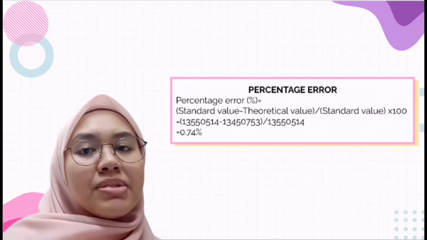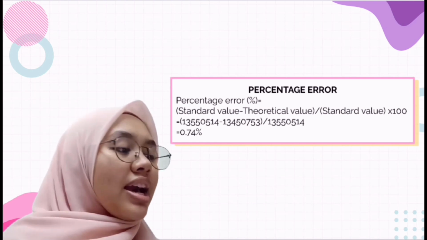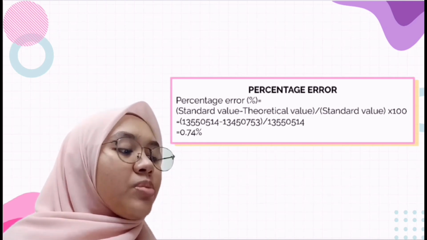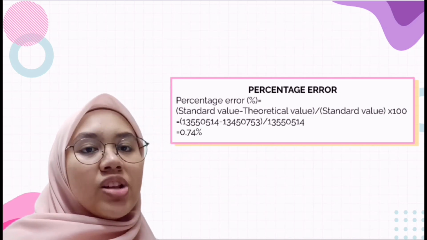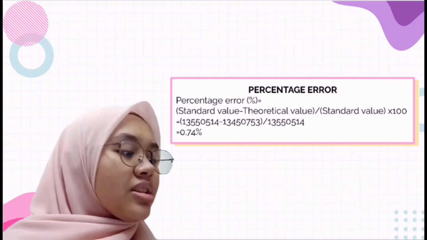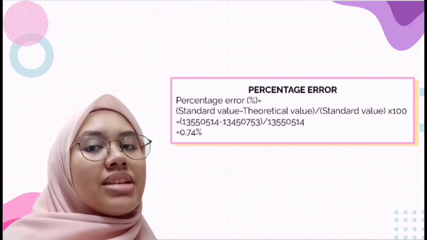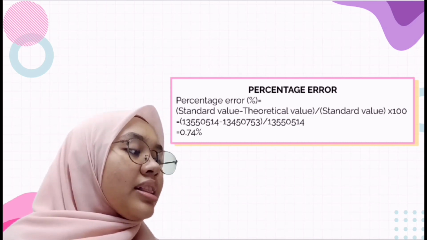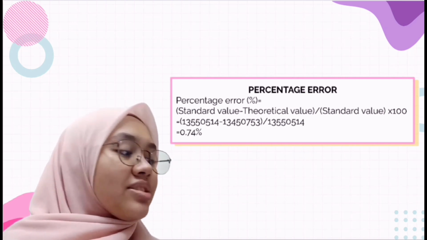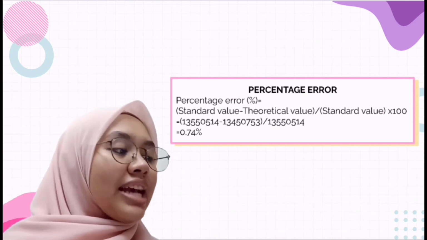So next is the percentage error. To calculate the percentage error, we can use the formula: percentage error is equal to standard value minus theoretical value, divided by standard value, and times by 100. The percentage error we obtain is 0.74%.